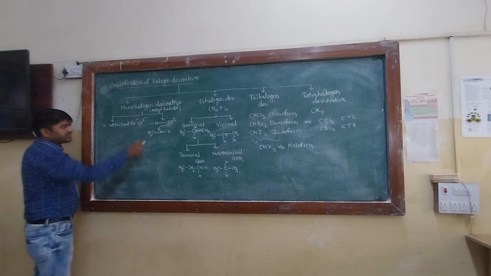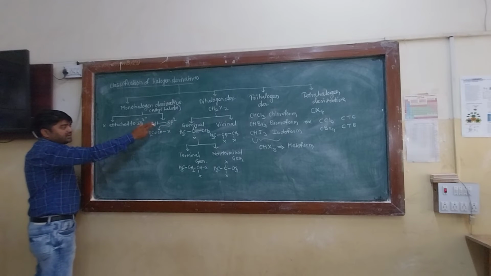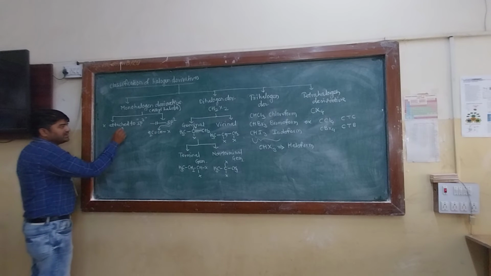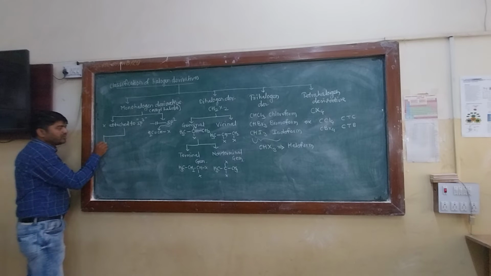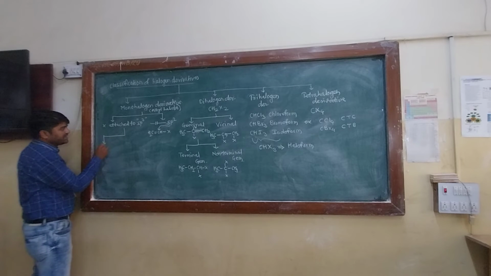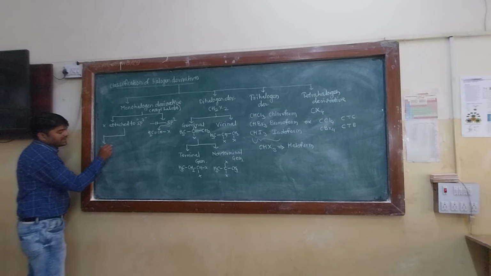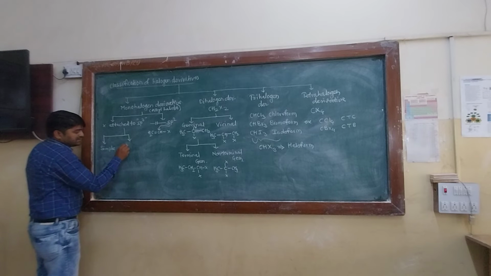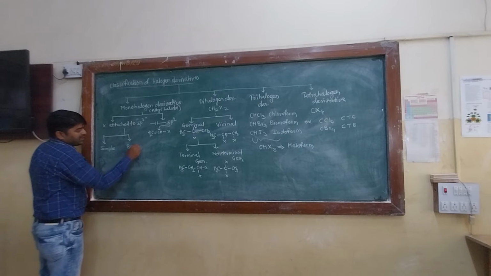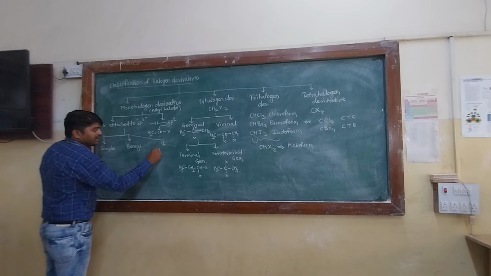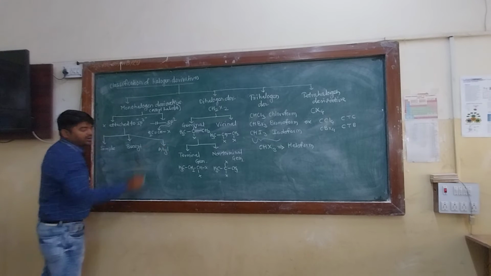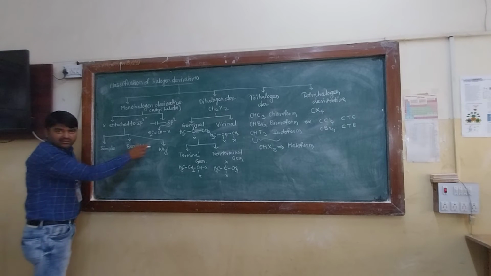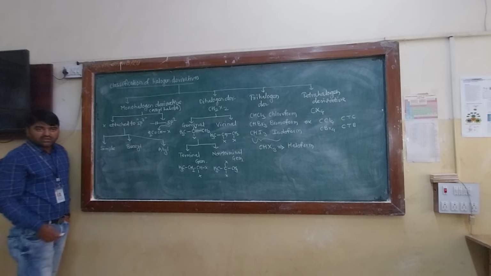Then there is the second category. There is a limited classification, limited examples, for the second category, right? But in the first category, again, you have different subclasses. First one is the simple alkyl halides. Then the second one is benzyl alkyl halide. And the third one is allyl alkyl halide of the monohalogen derivative.